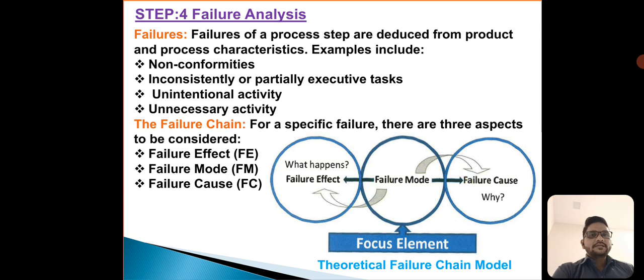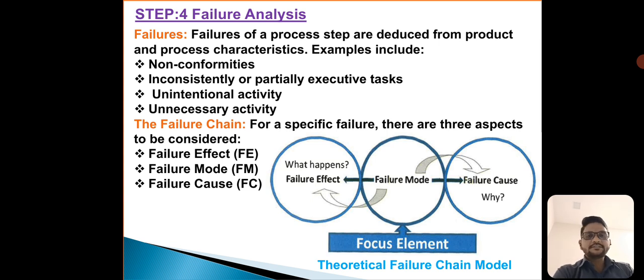Now in failure analysis, we need to focus on what the failures are. Failure of a process step is deduced from the product and process characteristic, like non-conformity, inconsistency, partial execution of the task, unintentional activity, or unnecessary activities.